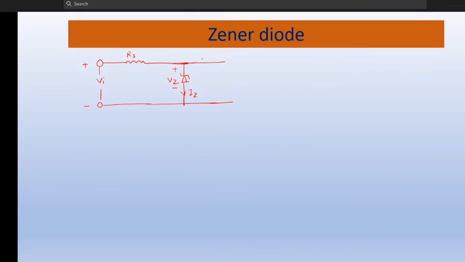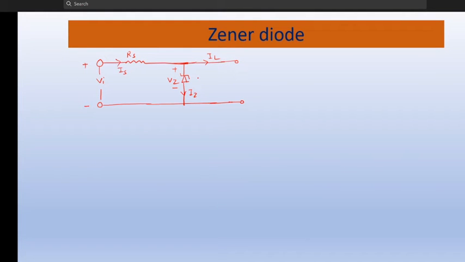The voltage remains constant, however the current changes but the voltage remains constant. So generally you connect a load. Load means the appliance which you want to regulate, right?